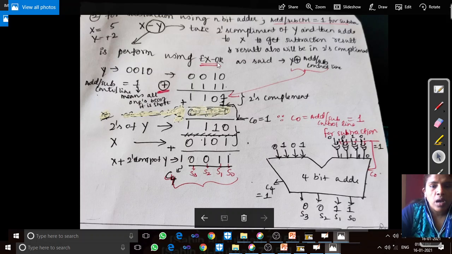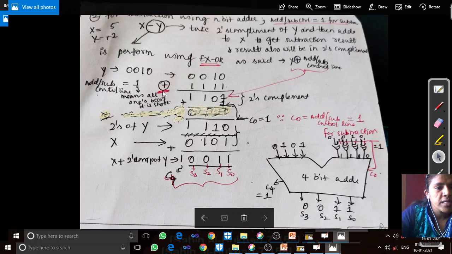Now, during subtraction, the adder subtract control line is 1. Now y is 0, 0, 1, 0. You see here, adder subtract control line is 1, which means for all the y components, the XOR gate, this red line you see, is 1. So here all ones are obtained.